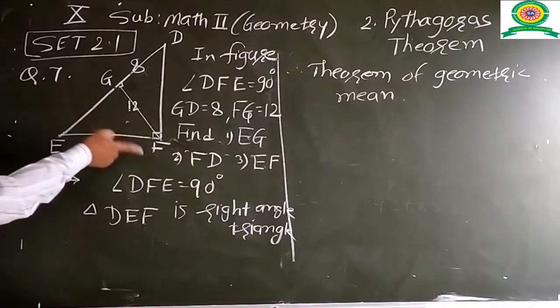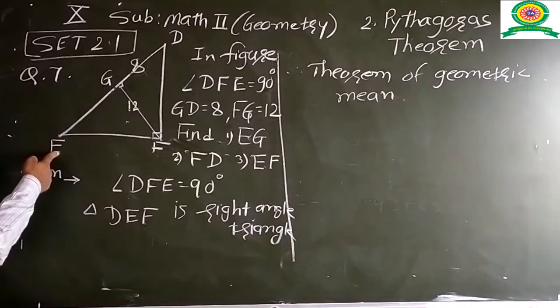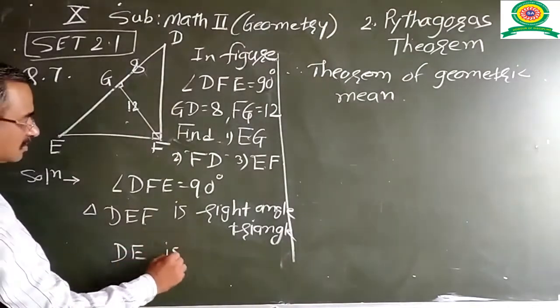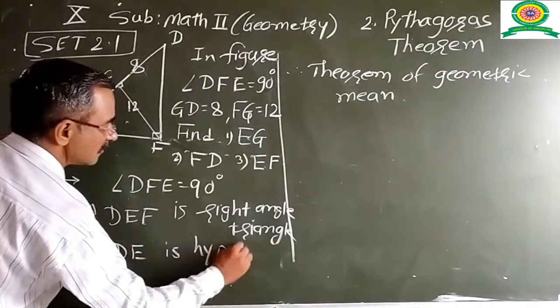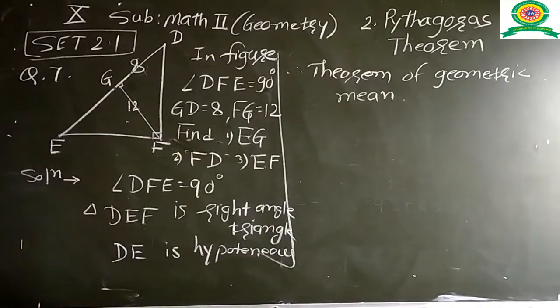The perpendicular drawn on a hypotenuse. In this triangle, ED is the hypotenuse of the given triangle.